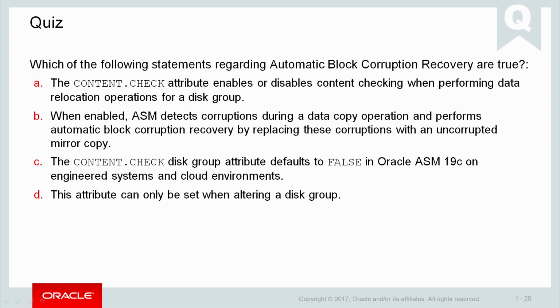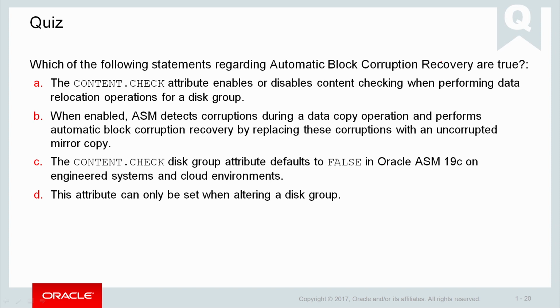So which of the following statements regarding automatic block corruption recovery are true? So first of all, A, the content check attribute enables or disables content checking when performing data relocation operations for a disk group. Yep, that's true. B, when enabled, ASM detects corruptions during the data copy operation and performs automatic block corruption recovery by replacing these corruptions with an uncorrupted mirror copy.